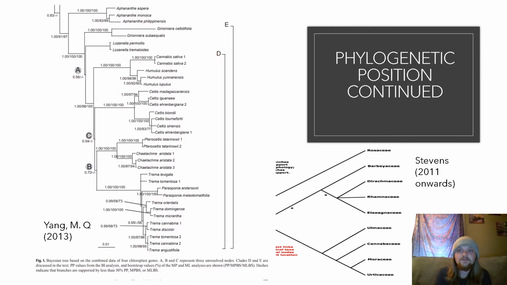Continuing down the phylogenetic positioning, we can see all the families that fall under Rosales, and you can see where Cannabaceae falls. And to note, all the stars on this picture represent less than 50% support with its morphology, and the ones that don't have stars have greater than 80% support with it.